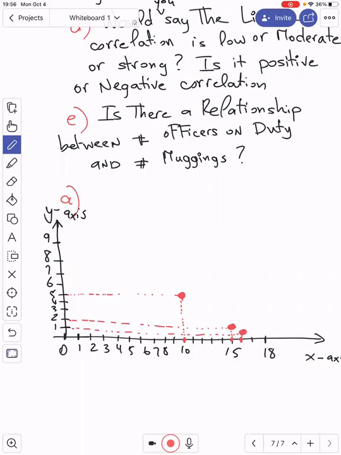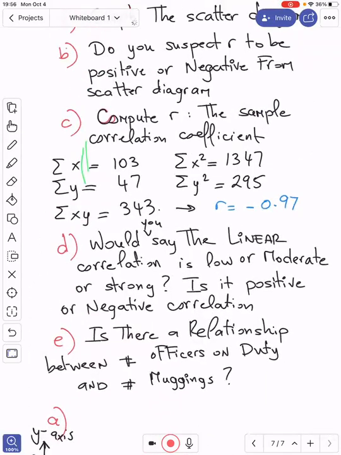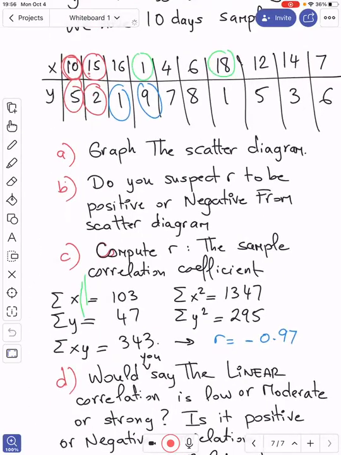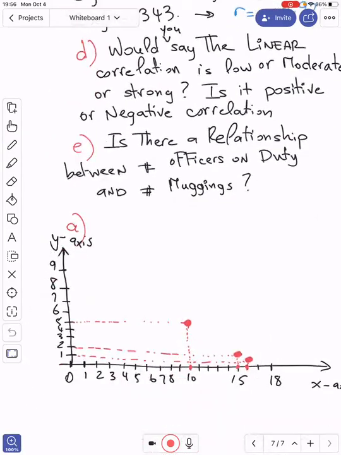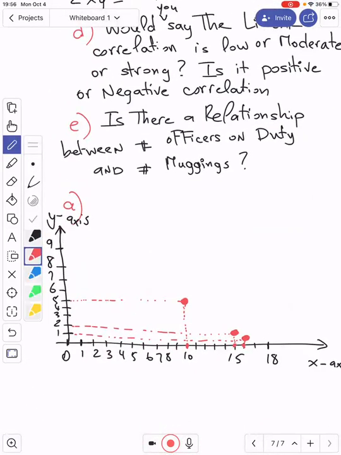Next point, x is 1, y is 9, right? That will be my next point. X is 1, the corresponding y is 9. So if x is 1, corresponding y is 9, so we're gonna go up to 9, right?